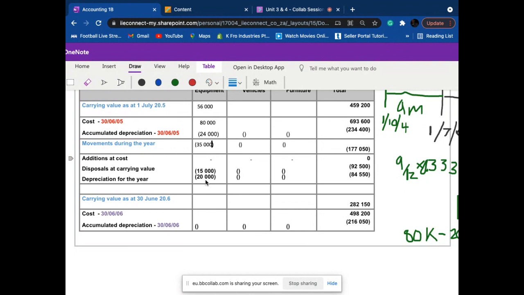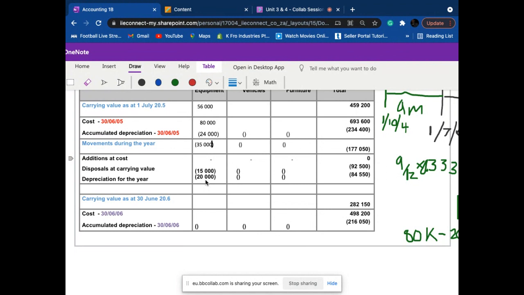Why is that wrong? What happened during the financial year in relation to equipment? We sold something. And there was obviously depreciation that we calculated on that something, right? Remember that 5,000. So in that 24,000, the 5,000 is there. Does that make sense? So we have to remove that.